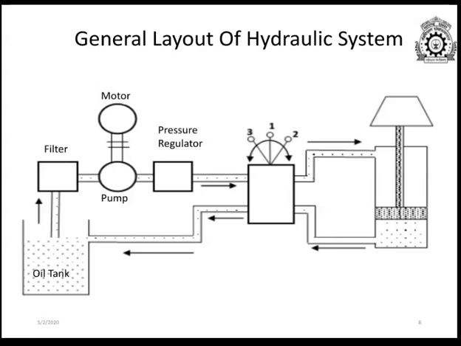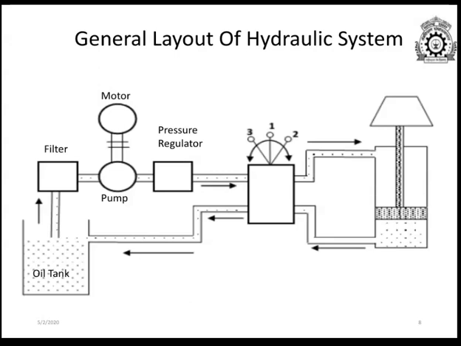Then we provide this high pressure oil to the pressure regulator where we can regulate the pressure. If more pressure is there, we can regulate with the help of this pressure regulator.